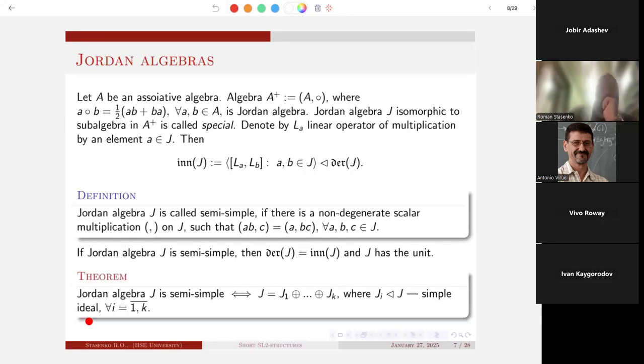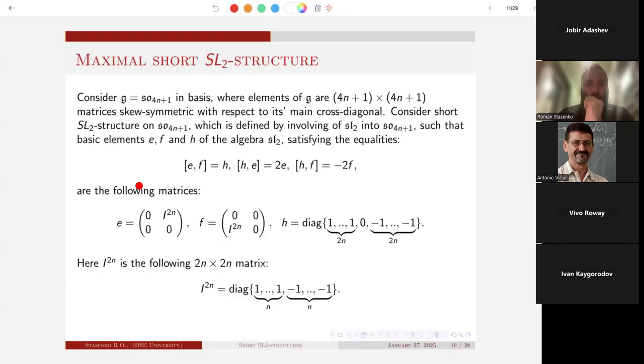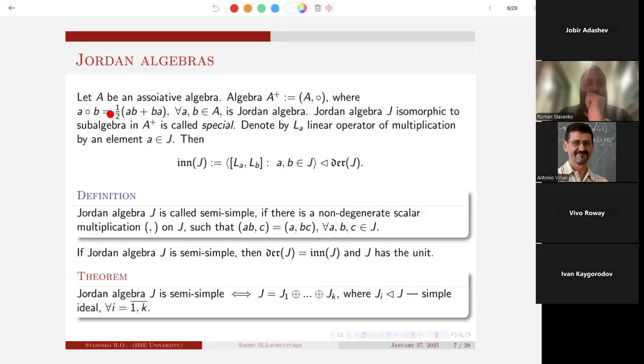So let us have some inspection into the theory of Jordan algebras. If we take A to be an associative algebra, the algebra A with the plus is the algebra which we can obtain by replacing the multiplication.